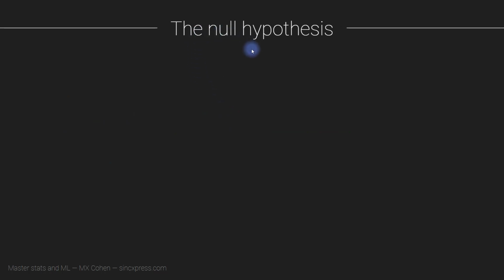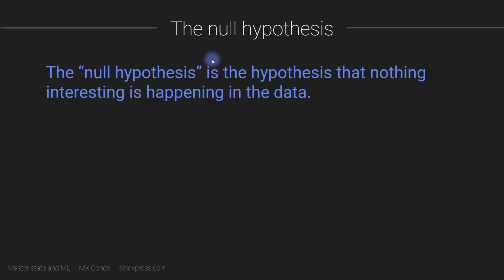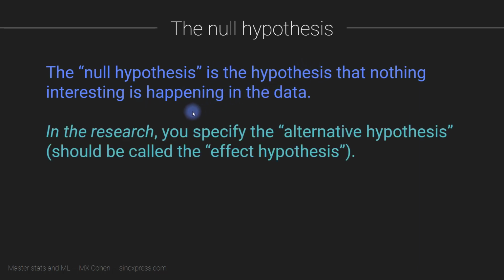And so in particular, we always have something called the null hypothesis. And the idea is that the null hypothesis is the boring, uninteresting hypothesis that nothing is happening in the data. And then we have an alternative hypothesis, which you might also think of as the effect hypothesis. And this is what we designed the research to test.